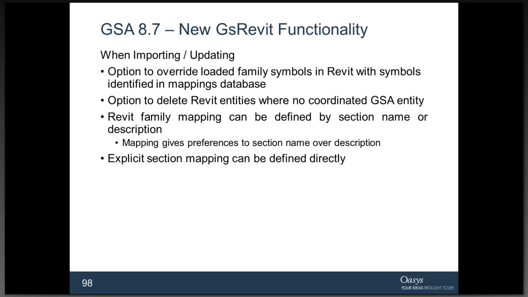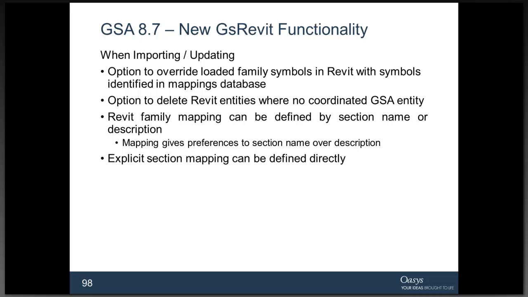Right. Also, when importing and updating, we've introduced quite a few improvements to the mapping of sections and family symbols. There's an option to override the symbols currently in Revit with those from the GSA mappings database.